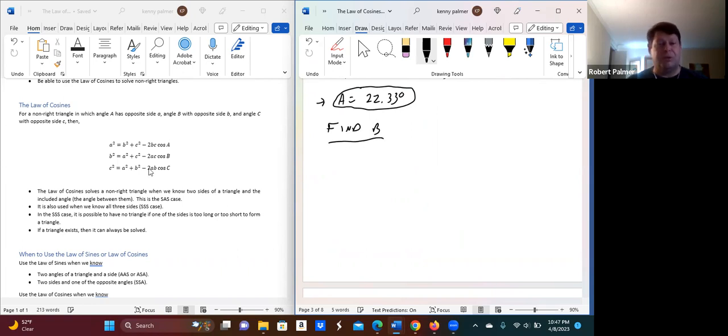Okay, so use a relationship for angle B, and once again we can do that because we know sides A and C, and we're looking for cosine of B, and we know all three sides.